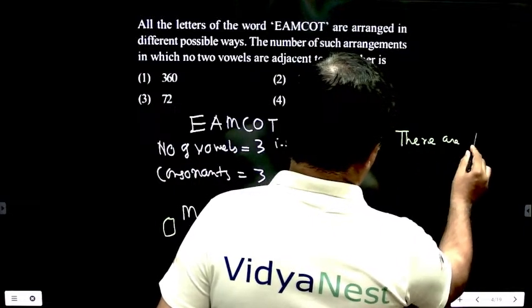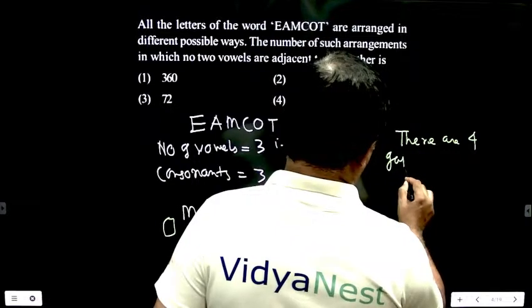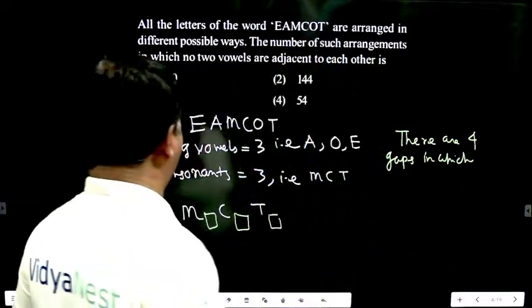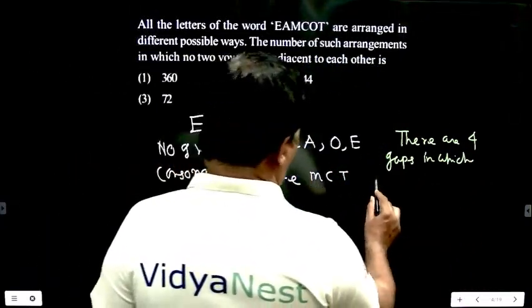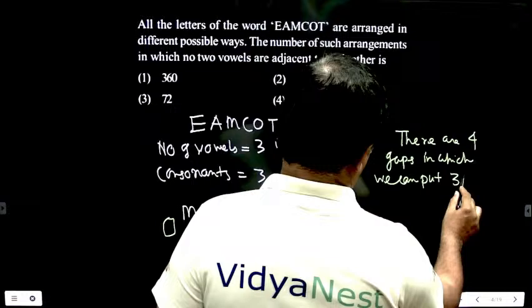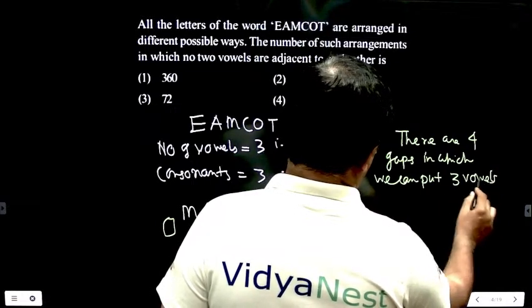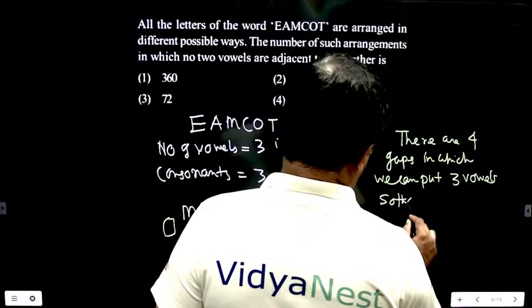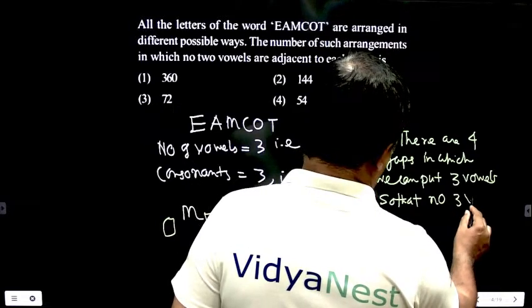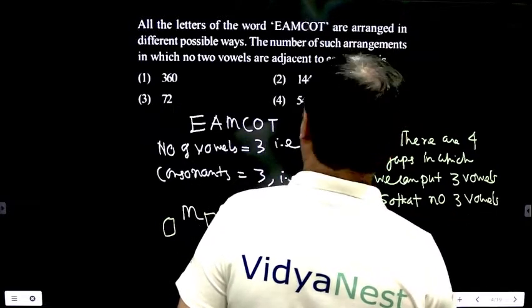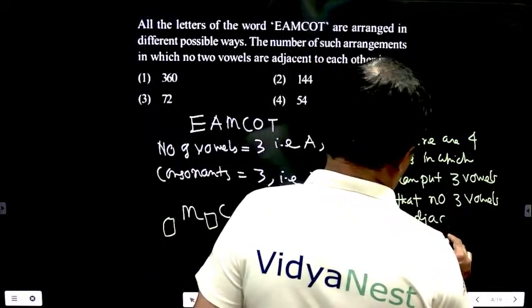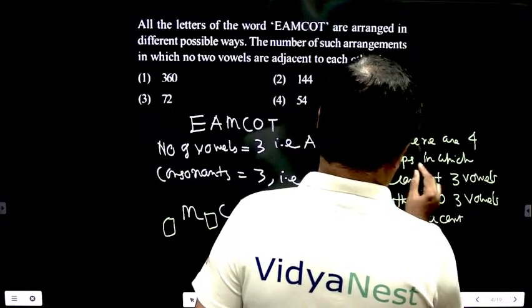So there are 4 gaps in which we can put three vowels so that no 3 vowels are adjacent.